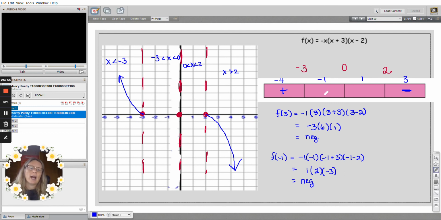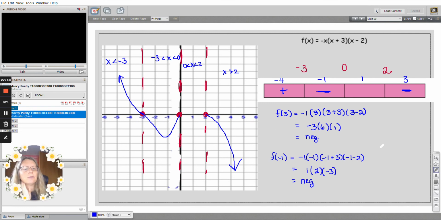So my graph for this interval is negative. So when the graph comes down here to this x-intercept, it goes straight through because it's going to sit below the x-axis in that interval. Then it's going to come back up to that x-intercept at 0, and it's either going to go straight through or it's going to bounce off the axis and go back down.